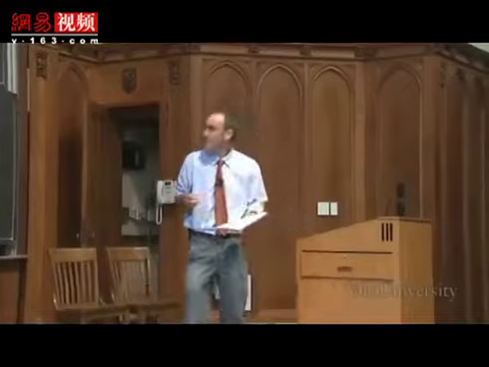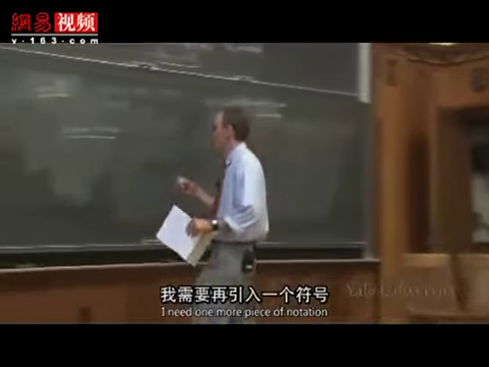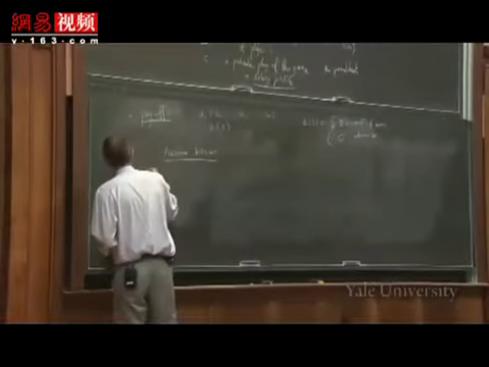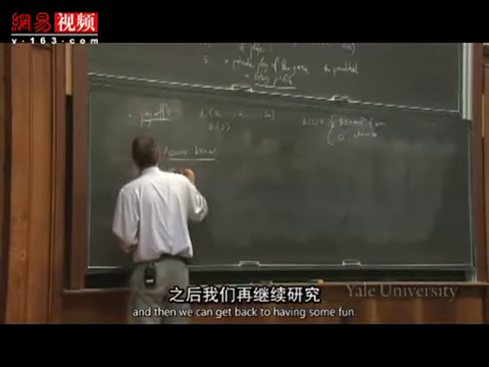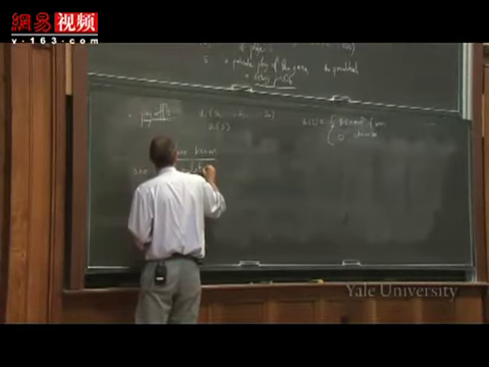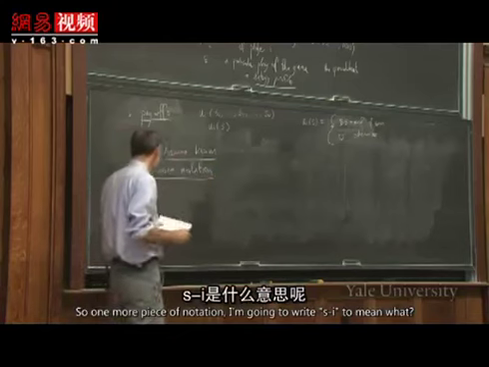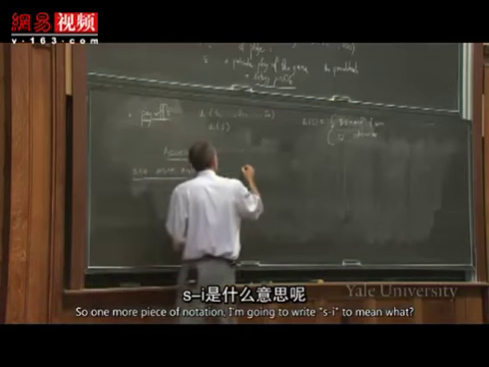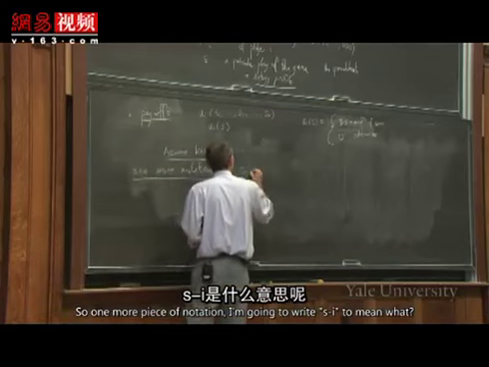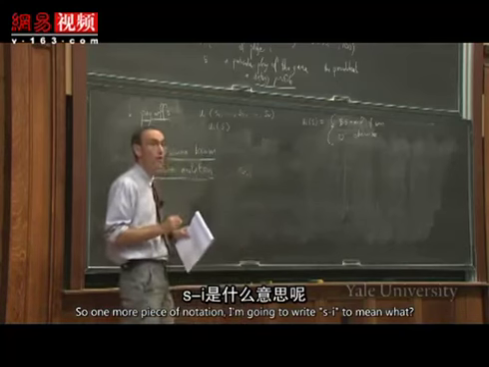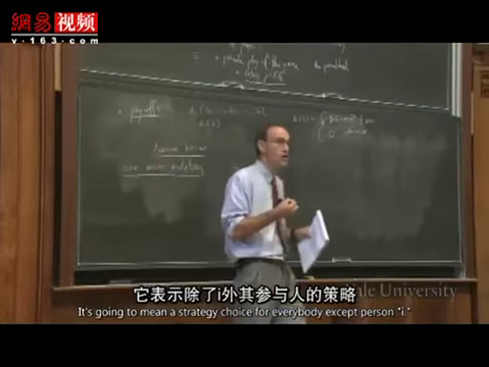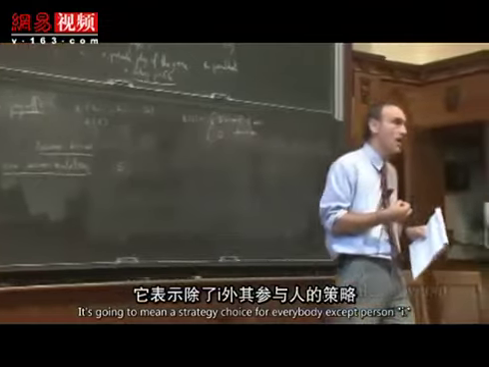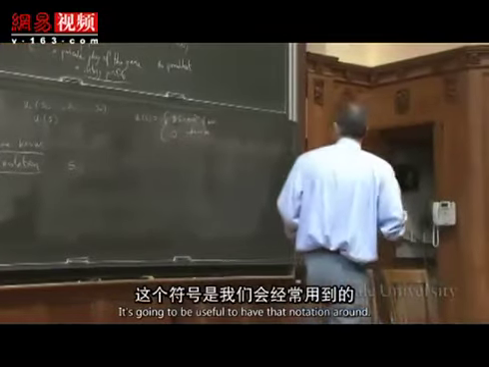I need one more piece of notation, and then we can get back to having some fun. So one more piece of notation. I'm going to write s_minus_i to mean what? It's going to mean a strategy choice for everybody except person i. It's going to be useful to have that notation around.